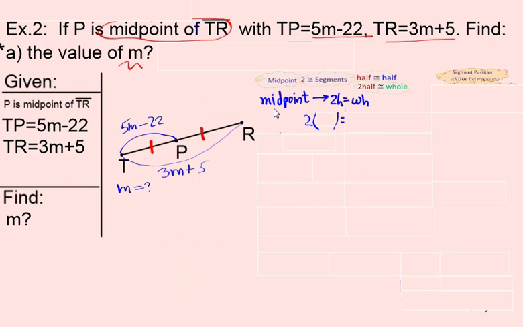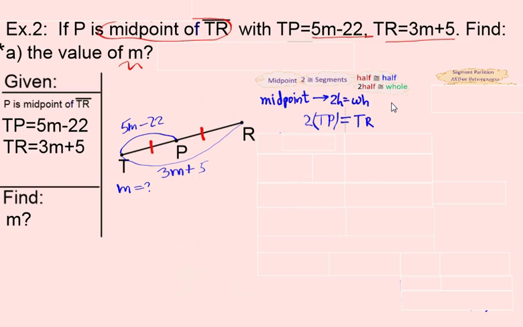I'll use geometric terms first. So 2 times the half. Think which half you will take. There's nothing for this half. There is an expression for TP, so TP will go in. For the whole, be careful. Think first what you will write for the whole. It has to be TR and nothing else.